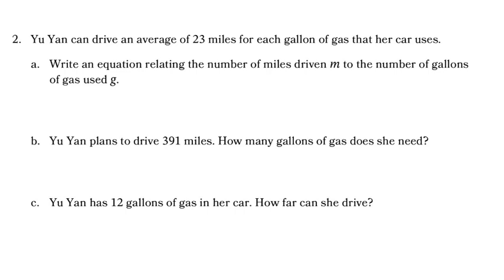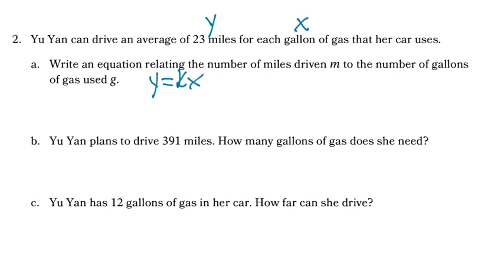Number 2, Yuyan can drive an average of 23 miles for each gallon. So we're writing an equation for that. Our gallons is going to be our X, and our miles is going to be our Y. So we're using Y is equal to KX.